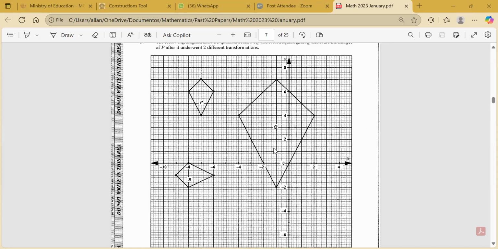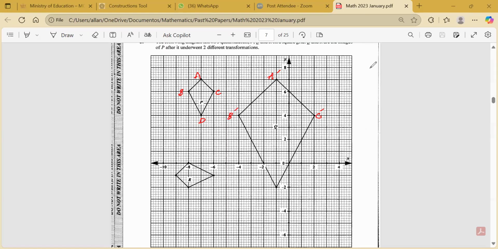Now, how do we find the scale factor? Now listen, sorry, the center of rotation. Sorry, the center of enlargement. How do we find the center of enlargement? I'm naming my points A, B, C, and D so that you can recognize them properly. So this is A prime, that is the corresponding point, B prime, C prime.